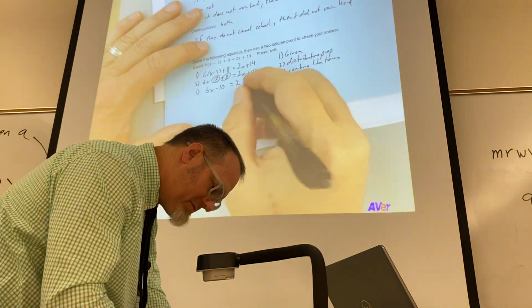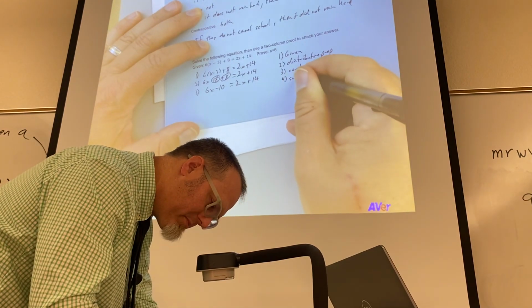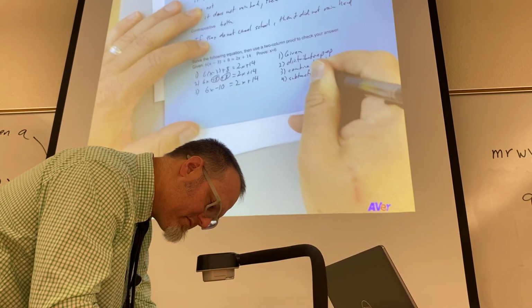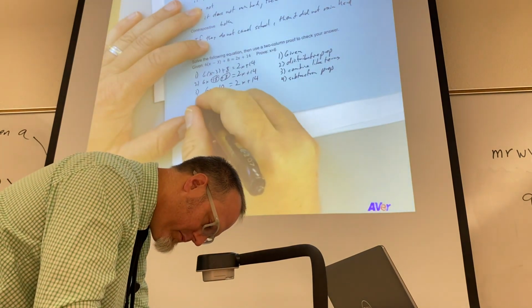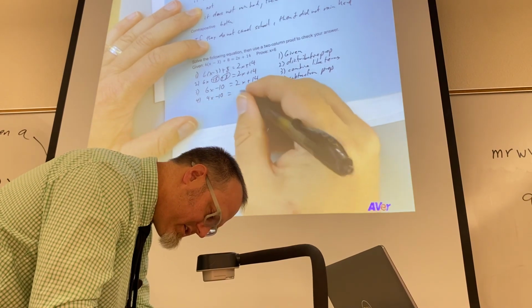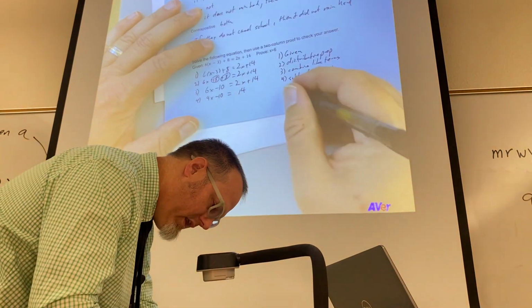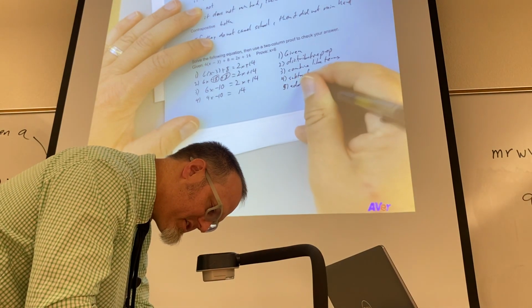I'm going to subtract the 2x from each side. So that means I'm using the subtraction property. And when I do that, I end up with 4x minus 10 is equal to 14. I'm going to add the 10 to both sides. That's the addition property.